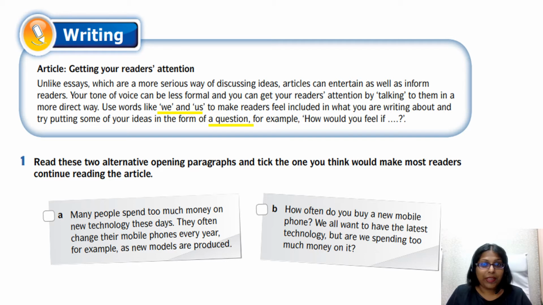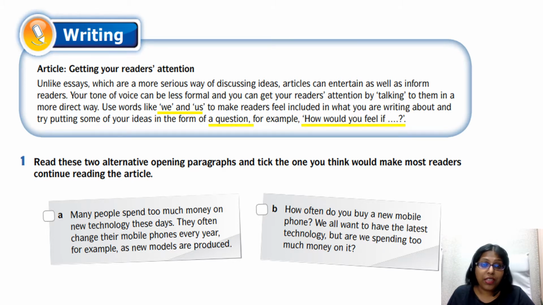Alright, so let's look at this. So these are some examples that you can put in your article. Let's look at number 1. Read these two alternative opening paragraphs and tick the one you think would make most readers continue reading the article. Let's look at A. Many people spend too much money on new technology these days.